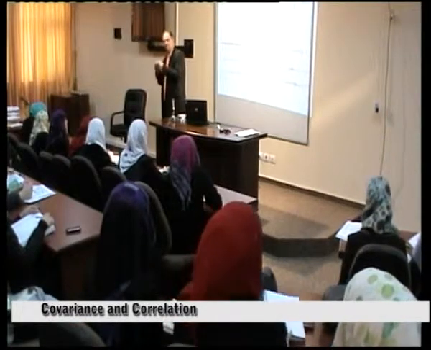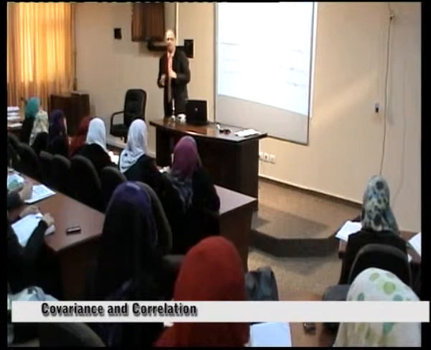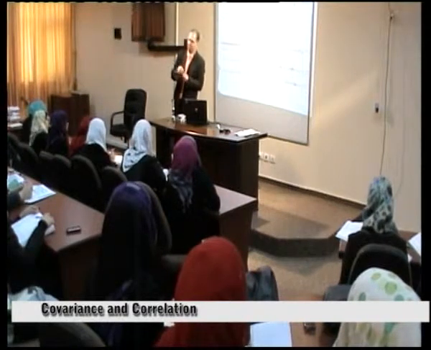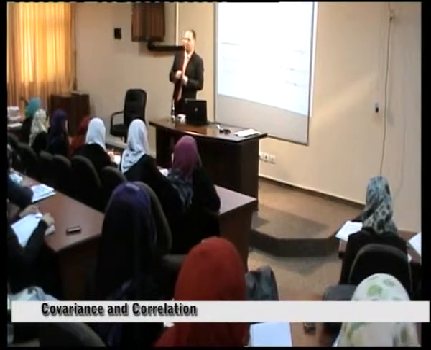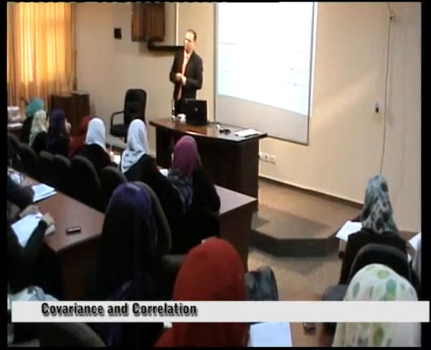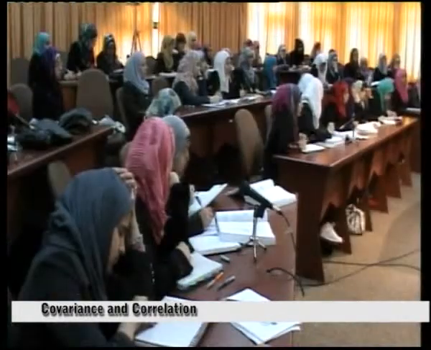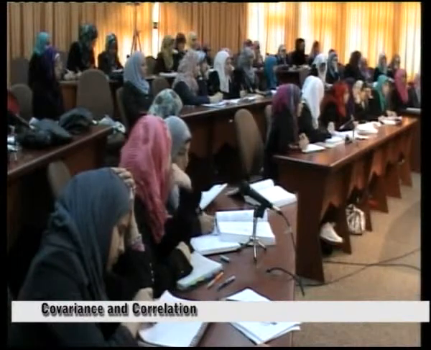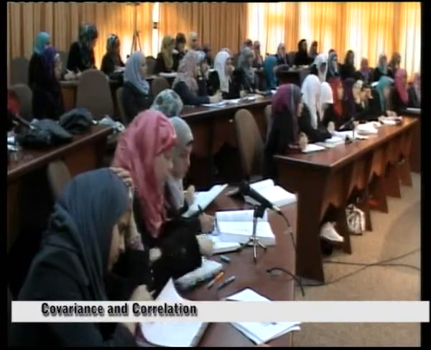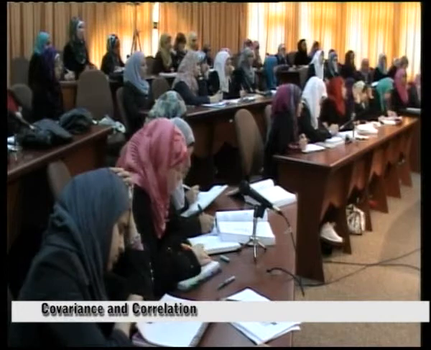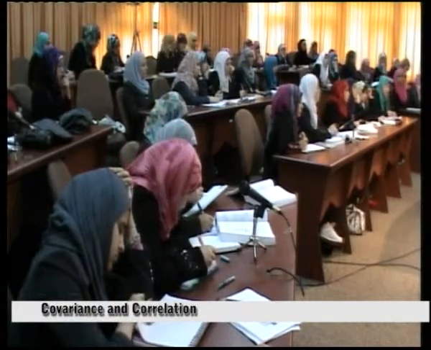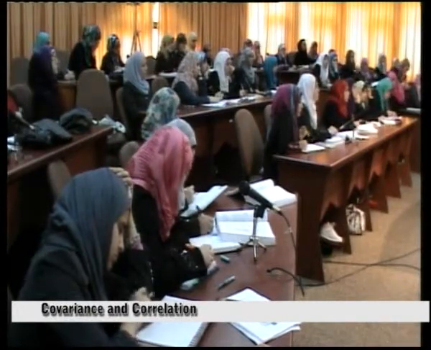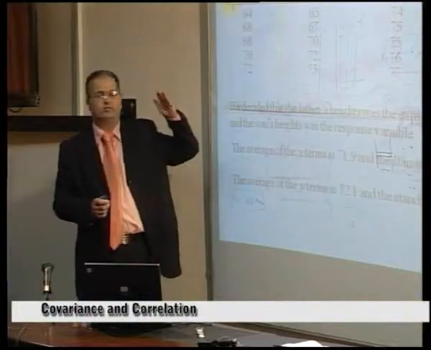But if the data set is large, it's very hard to figure out if the relation is positive or negative. So we have to compute the coefficient of correlation in order to say there exists positive, negative, strong, weak, or moderate.